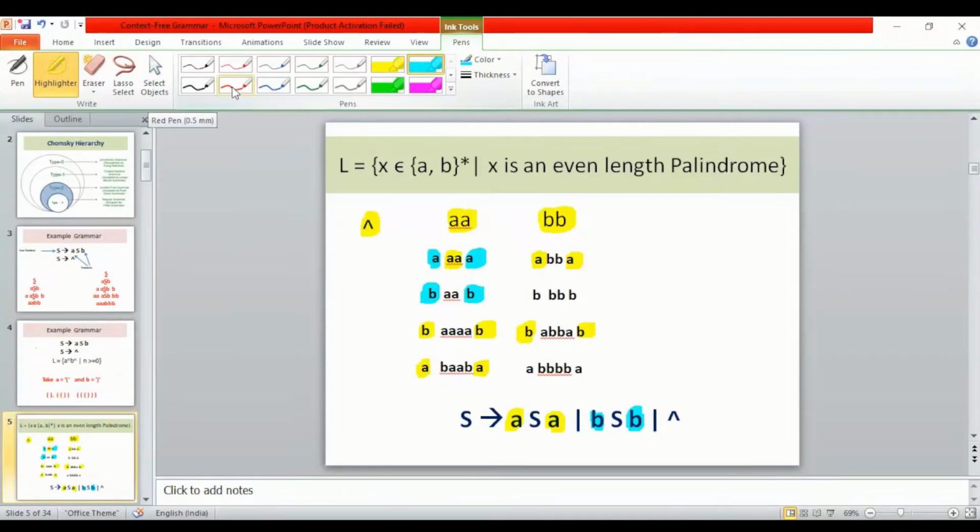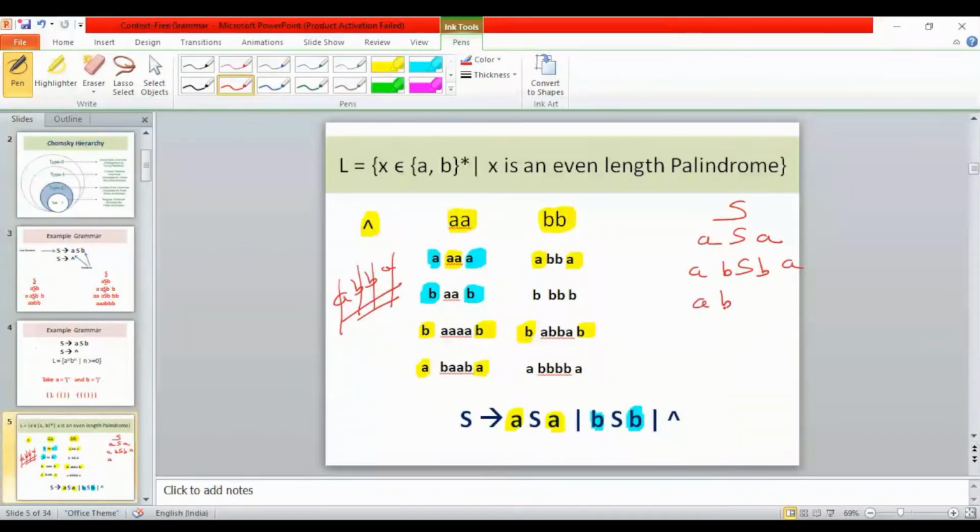Now we can use a derivation to derive any string. We'll start with S. Suppose we want to derive the pattern ABBA. From S we'll write A S A to get this A and A. Now to derive the BB pattern, I will replace S by the recursive rule B S B, so I get this B and B. Now to terminate the process, I will write A B null B A, because null is for termination, and finally we get the pattern ABBA.